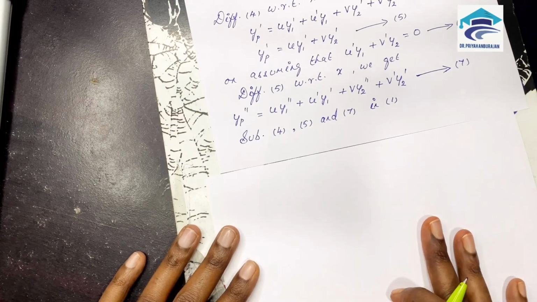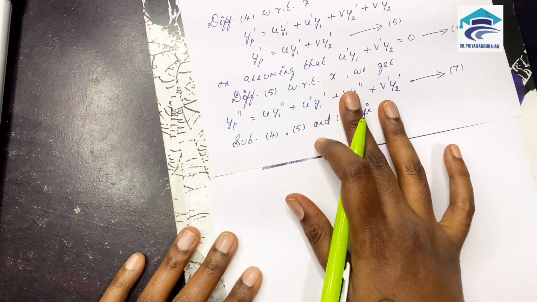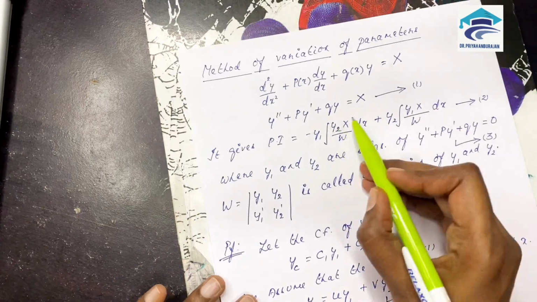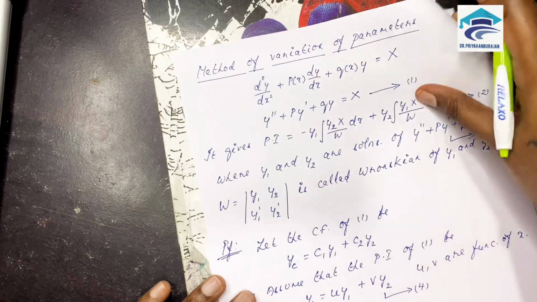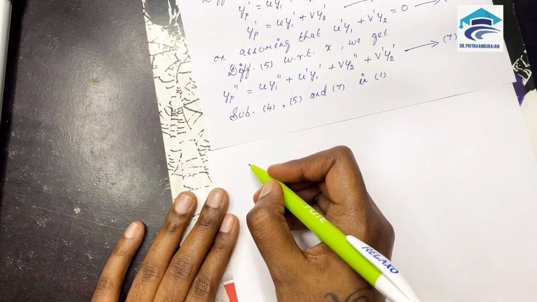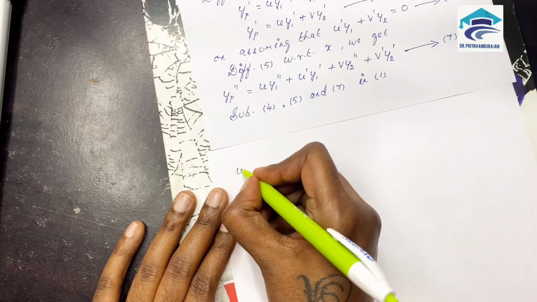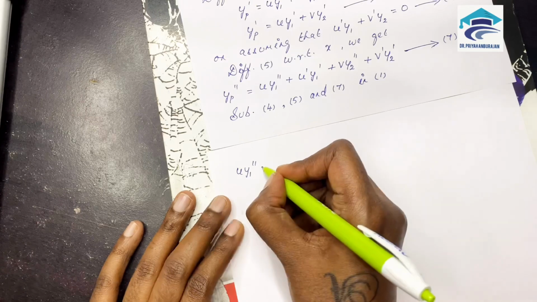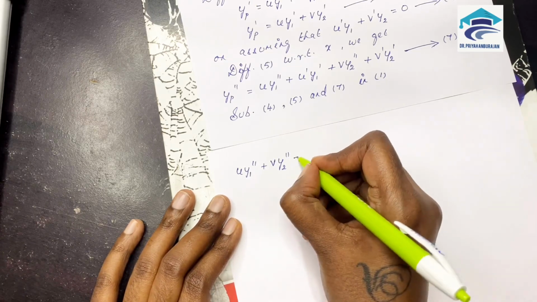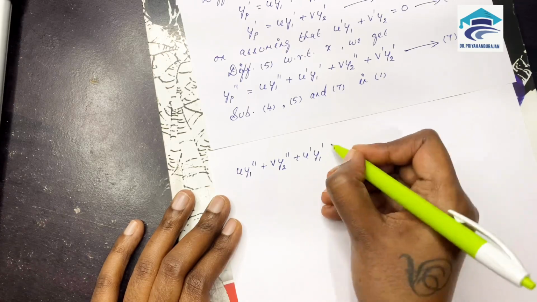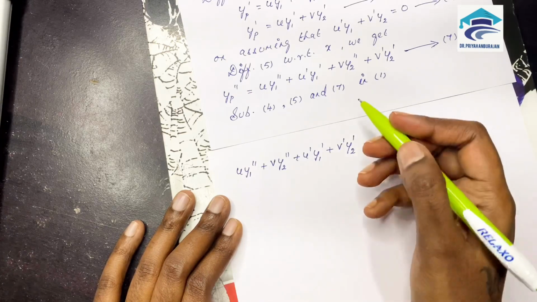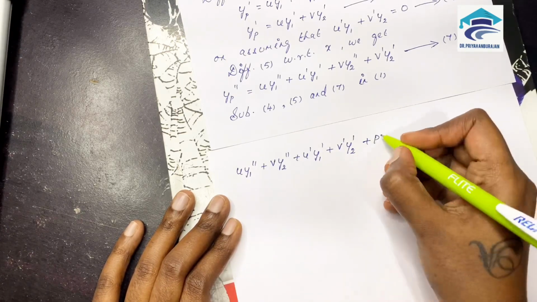My equation 1 is y double dash plus p y dash plus q y is equal to X. So let me substitute everything here. First is our y double dash, that is u y1 double dash plus u dash y1 dash plus v y2 double dash plus v dash y2 dash, plus p into y dash.